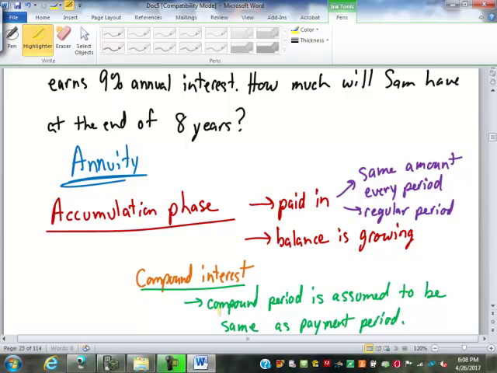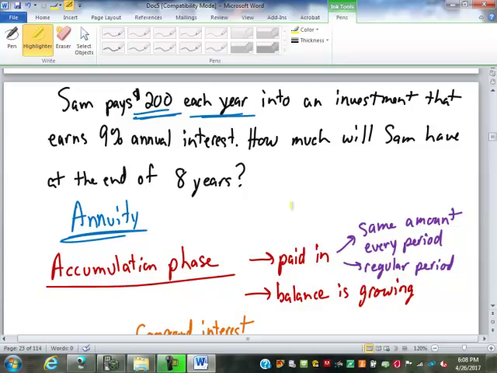I'm going to highlight that because it's very important. For the problems we do, the compound period will be the same as the payment period. So in this one, the payments are made annually, $200 each year. Payments are made once a year, and the interest only compounds once a year.